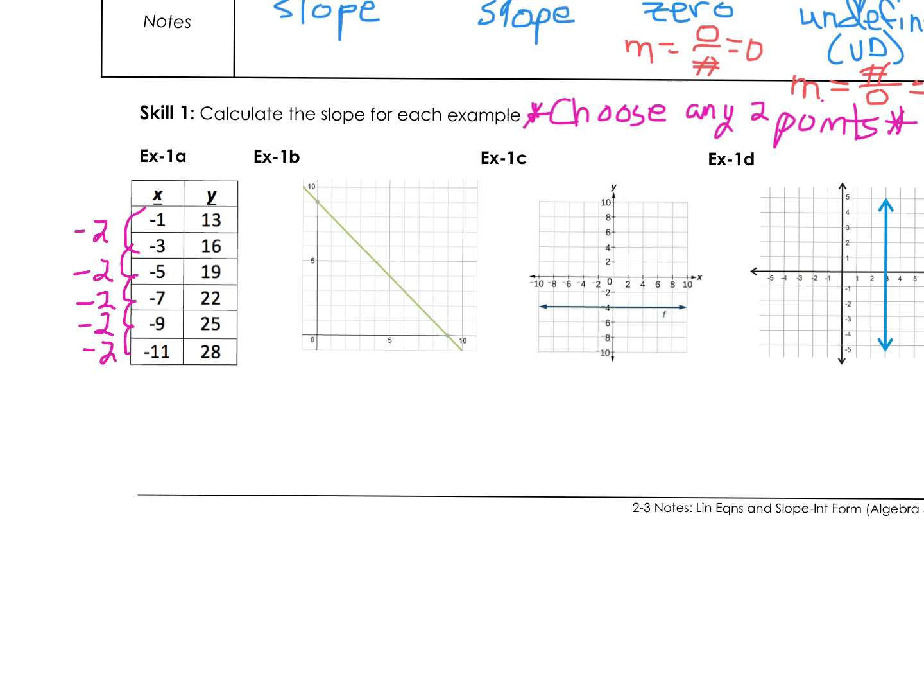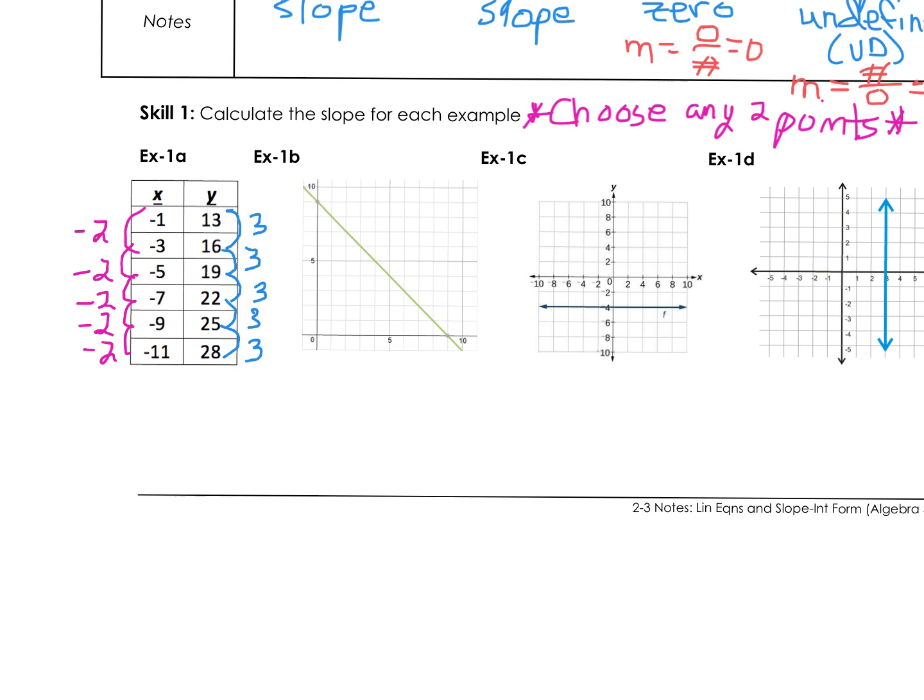Then let's look at the constant difference between the y's. From 13 to 16 is a +3, 16 to 19 is a +3, 19 to 22 is a positive 3, 22 to 25 is a positive 3, and 25 to 28 is a positive 3.